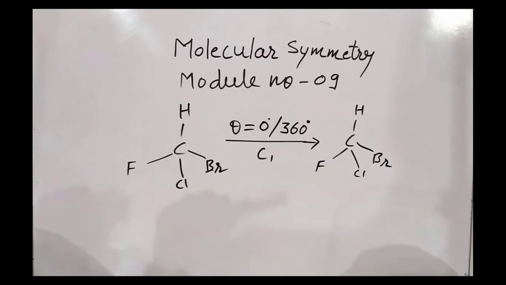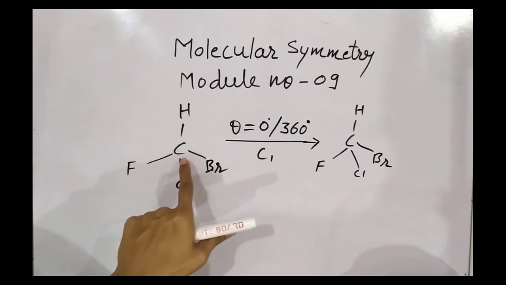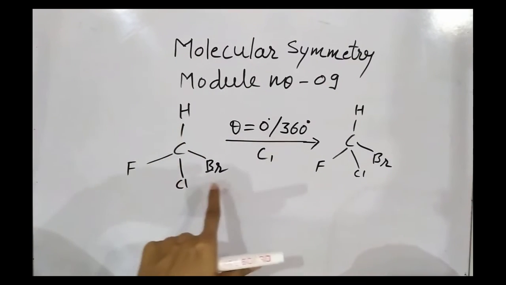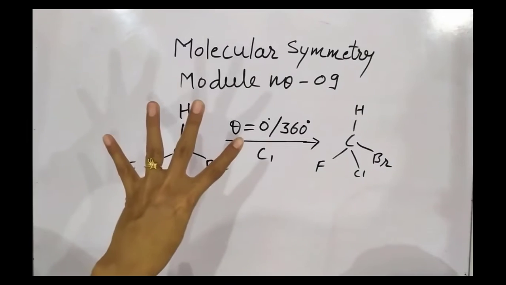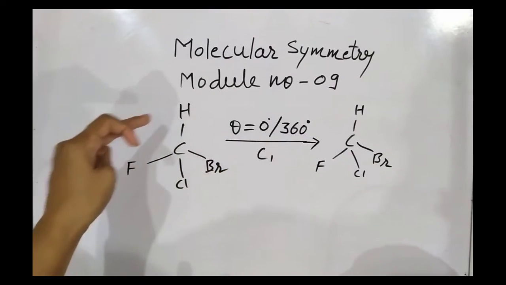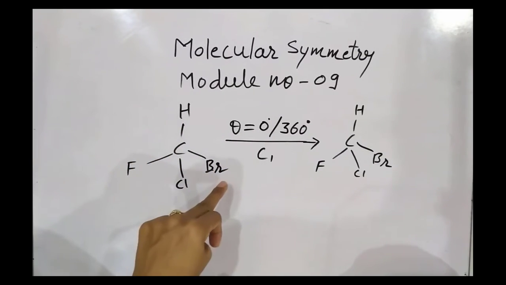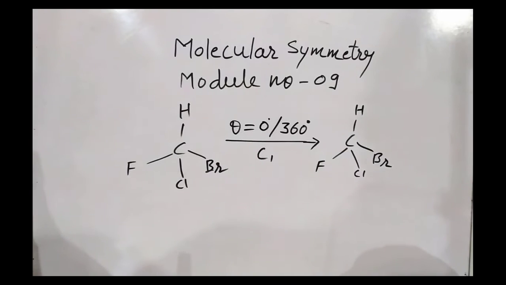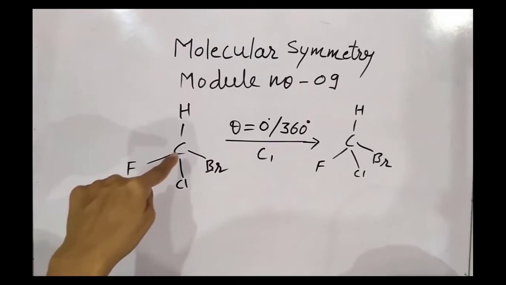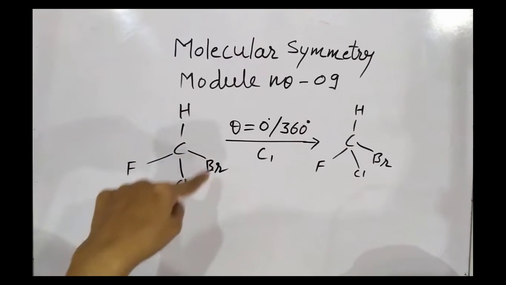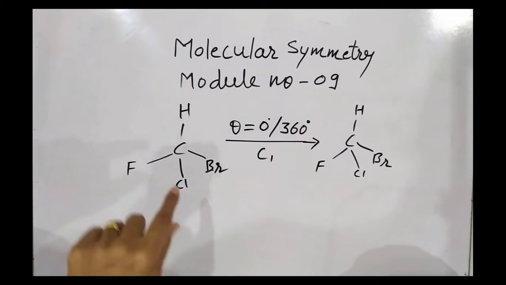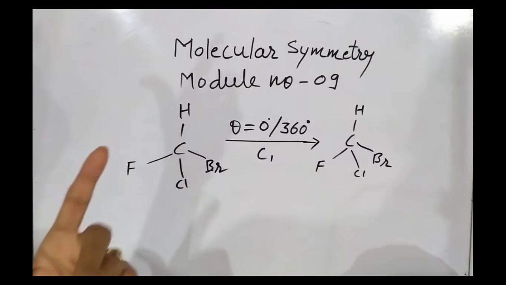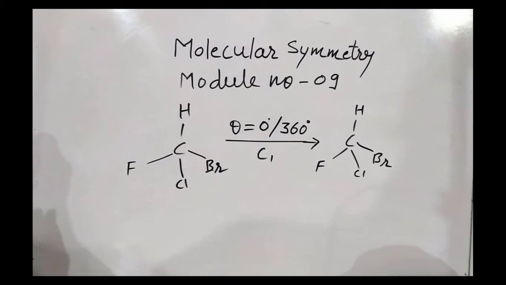Come to the perfect example for identity, that is a carbon atom in tetrahedral position attached to four different atoms: hydrogen, fluorine, chlorine and bromine. Can we find the principal axis in this? As all the atoms are different, you can't rotate the molecule by 180 degrees, 90 degrees or whatever.